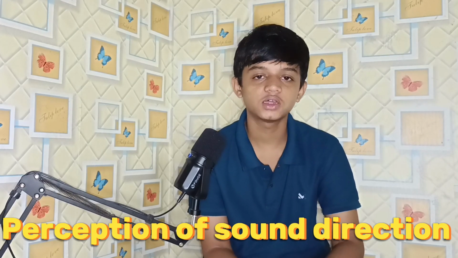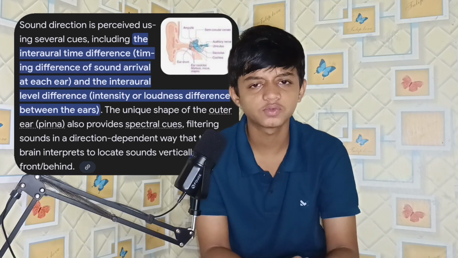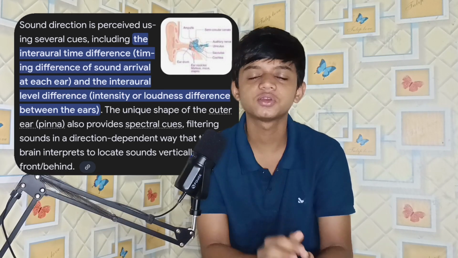Like if you close your eyes and hear a sound, you can definitely tell where the sound is coming from. But if you do not have the outer structure of the ear, then your perception of sound direction will be demolished.